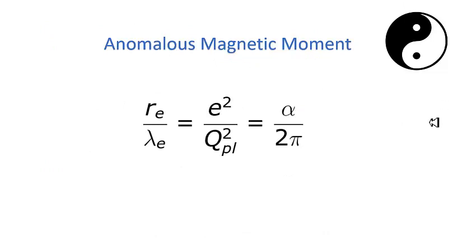Tying this all together in a nice simple way, we've got the classical electron radius divided by the Compton wavelength, or circumference of my own particle, is equal to elementary charge squared divided by non-reduced Planck charge squared, which is equal to alpha over 2 pi, the anomalous magnetic moment.